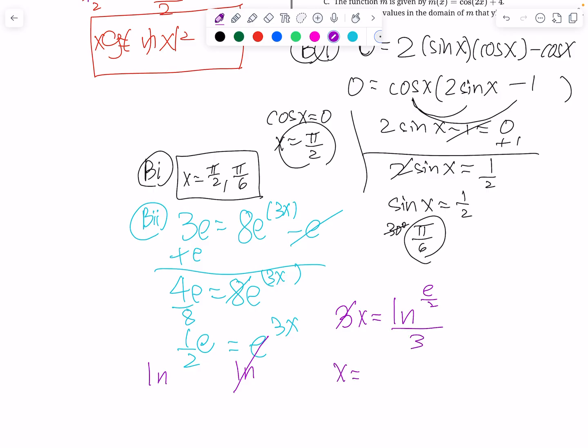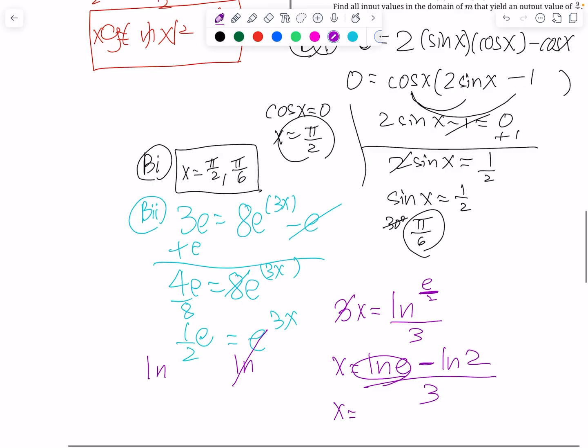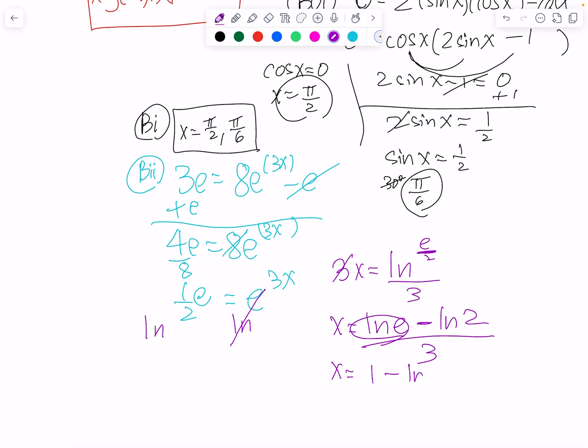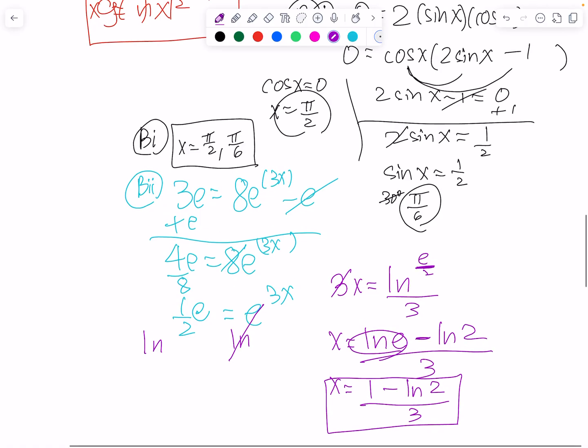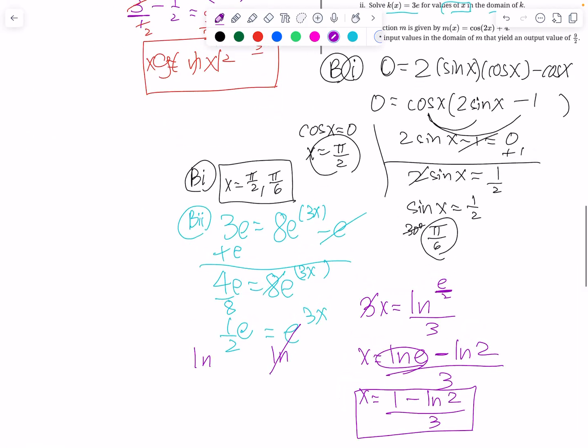So x equals ln, remember, division is subtraction. And remember, ln e is 1. In this section, you can't use a calculator, so you have to memorize that. So ln e is 1, and so x equals 1 minus ln 2 over 3. And that is for B Roman numeral 2.